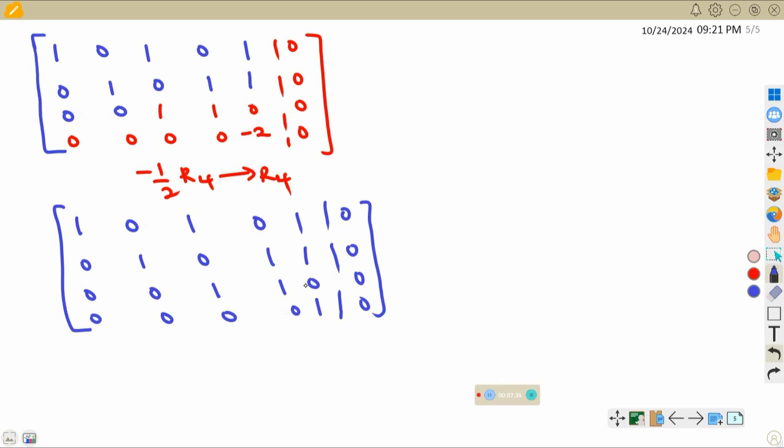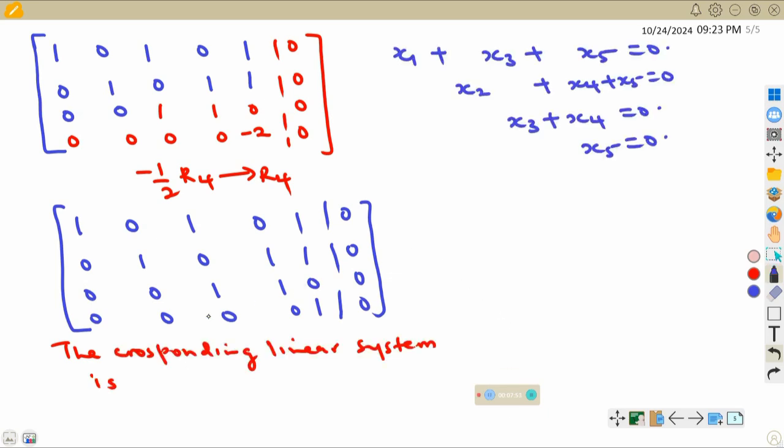Now from here we can see that we have expressed this in echelon form, so we can get our system back. So the corresponding linear system will become x1. Remember, we have x1, x2, x3, x4, and x5 as our variables.